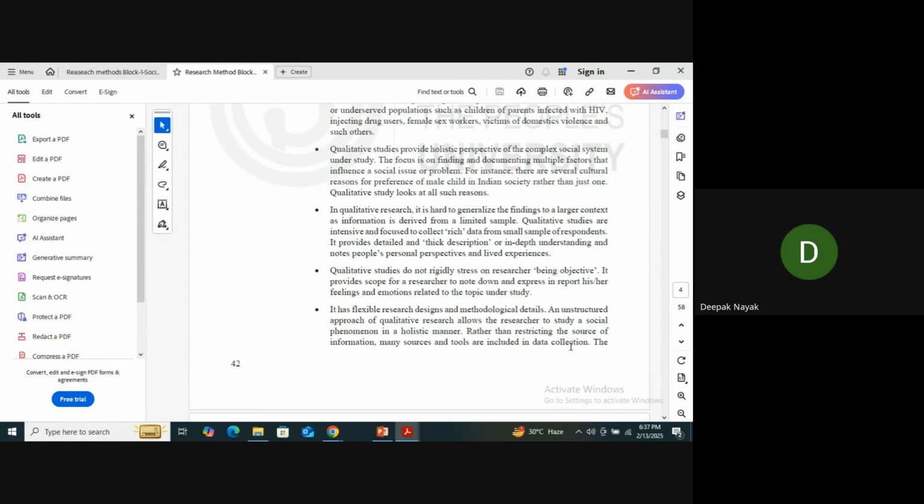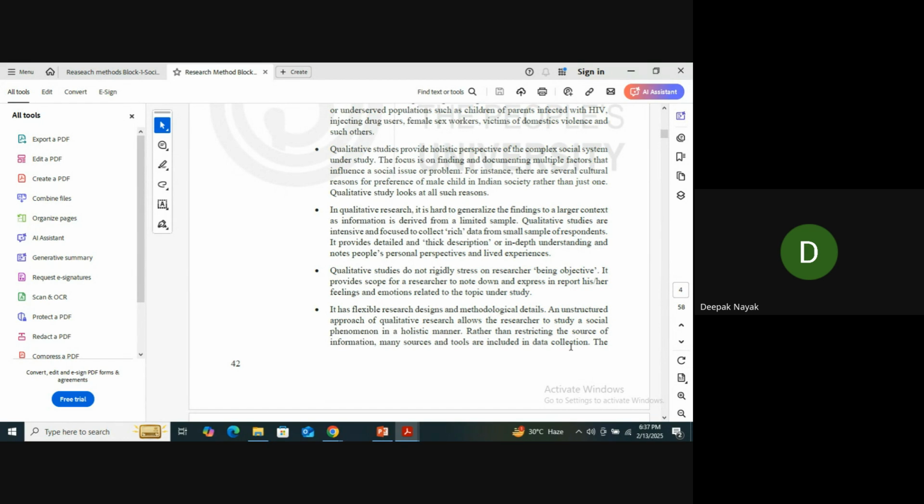You are observing as an outsider. You don't participate with them, but you are observing when they are playing or when they are at their place. That is non-participant observation.